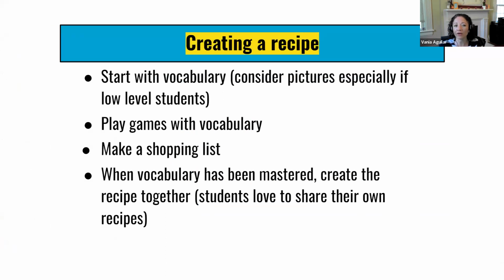You may not necessarily start right off with creating the recipe, but start with the vocabulary, play games with the vocabulary, make shopping lists. It can be over a period of a few classes before you actually create that recipe with the students, once they have mastered all of that.